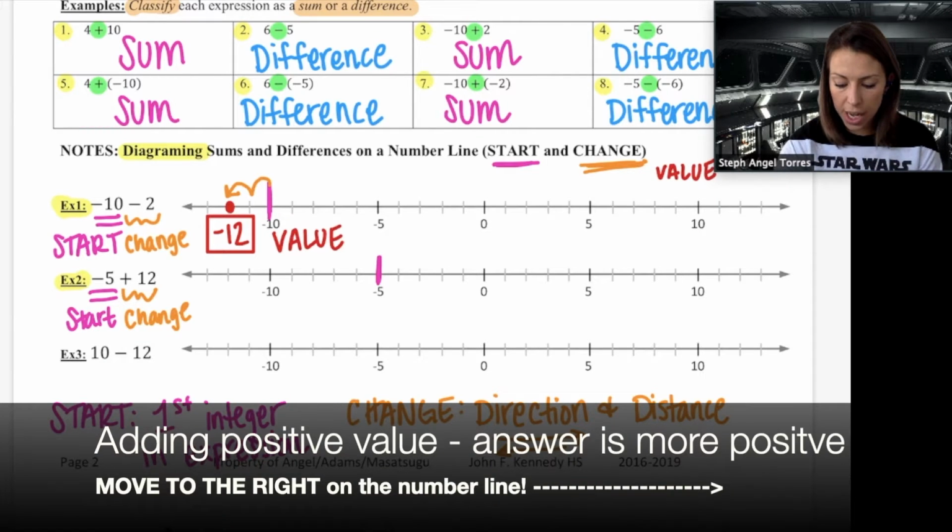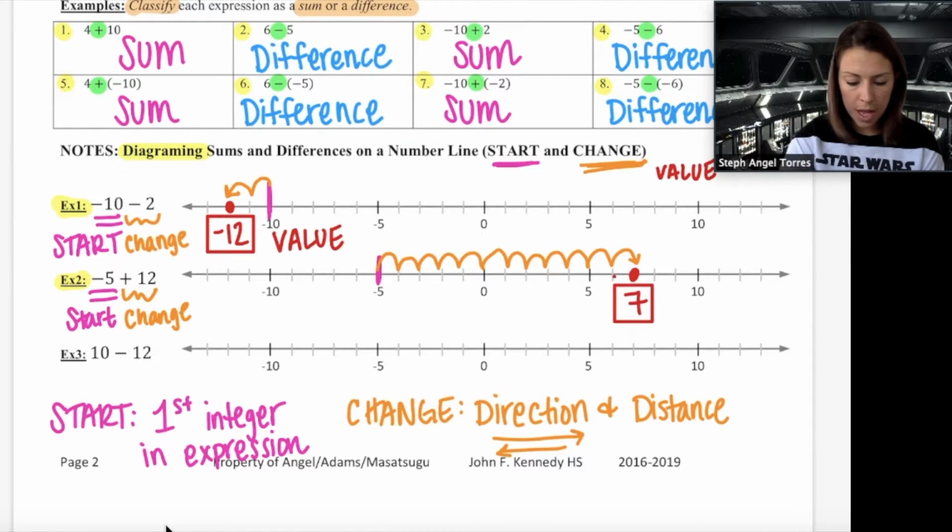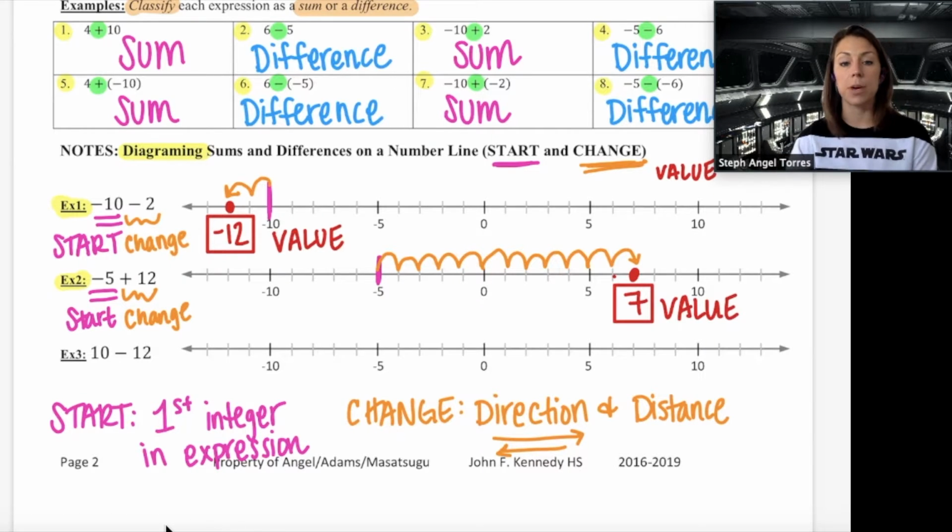So starting at negative 5, I'm going to move 12 to the right. 1, 2, 3, 4, 5, 6, 7, 8, 9, 10, 11, and 12. And where did we end up? We ended up at, it looks like, positive 7. So I'm going to put a box around my answer because that is the ending value of this expression. In other words, what is negative 5 plus 12? That would be positive 7.